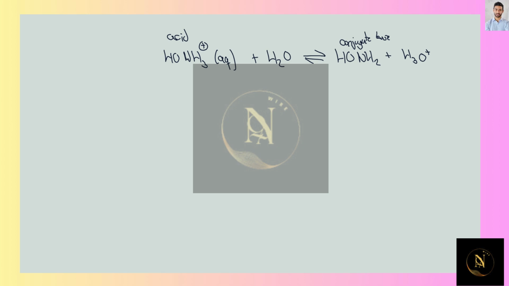But if you realize, this reaction corresponds to a Ka, right? Because Ka is going to be the concentration of the base times the concentration of H3O plus divided by the concentration of the acid that I had originally. So how can I find the Ka coming from Kb? Well, quite easy. We can get Ka times Kb needs to be equal to Kw. So that means that Ka is Kw divided by Kb.